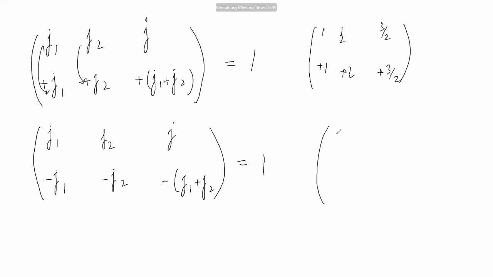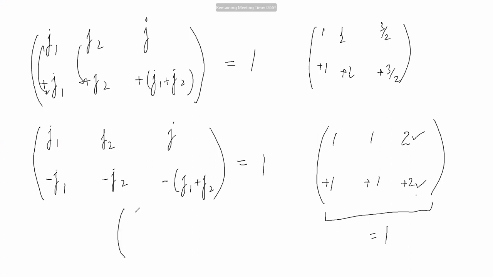Now, if I write something like this, what should my value be here? Algebraically added. And here it should be 2. And then what is this Clebsch-Gordon coefficient? Maximum projection, 1.